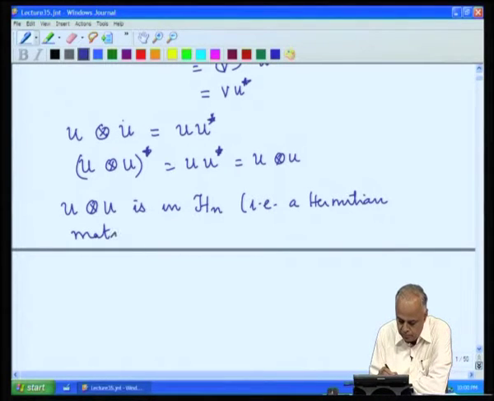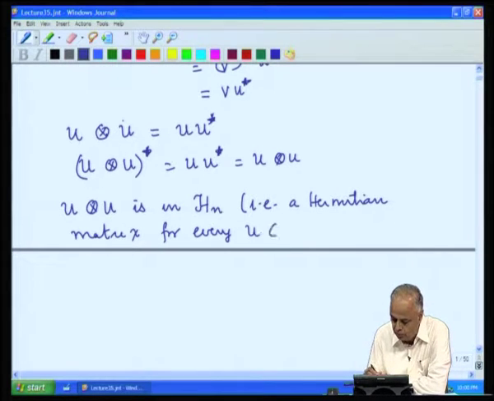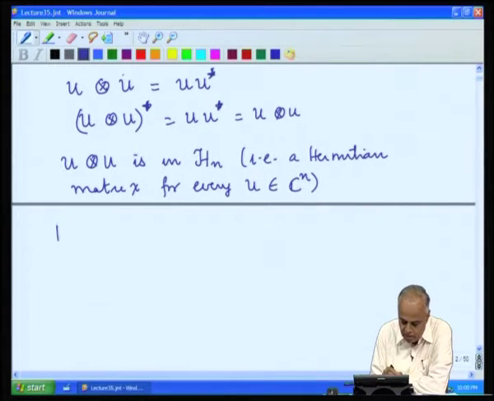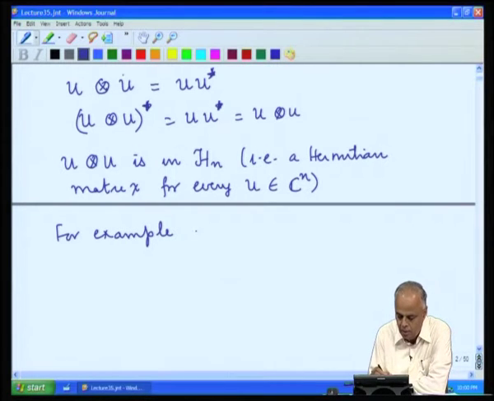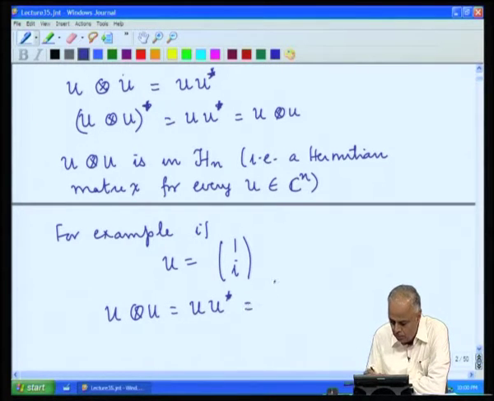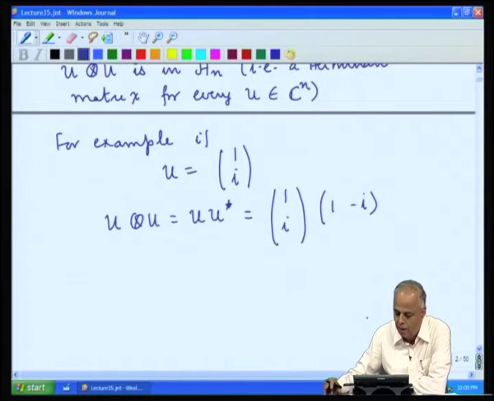That is a Hermitian matrix for every U in Cn. For example, if U equals (1, i), then U tensor U is equal to U U star. U is (1, i), U star is the conjugate transpose, so it is (1, minus i).